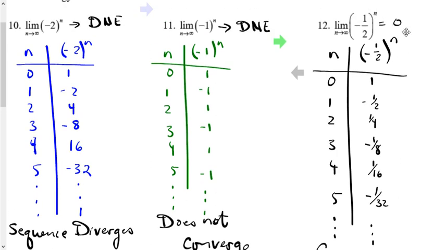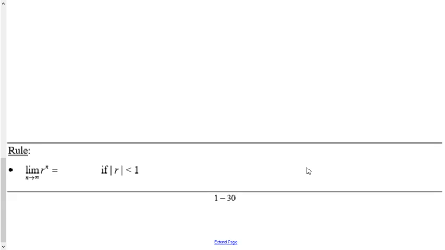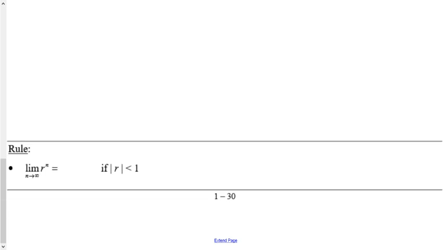Well, you may have guessed this based on the geometric sequences that you looked at in grade 11. Although some of you may not have done them because you were quarantined at home and that might be something that you skipped. But here's what we find.